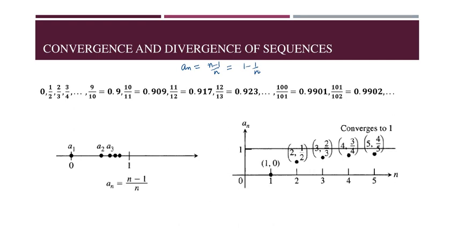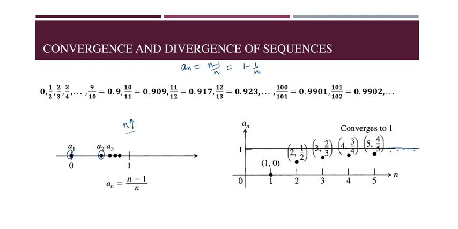So this is the first term of the sequence, that is 0, that is here. Second term of the sequence is 1 by 2 here. As we keep on increasing our value of n, we are going closer and closer to 1. And here, as you are increasing your n, you are moving closer and closer towards this asymptote, right?